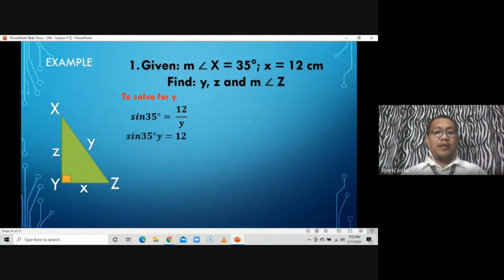Parehas lang yung dalawang yan, you can put y sa unahan or pwede rin sa hulihan. Since y is what we are looking for and it's still accompanied by sine 35 degrees, you divide both sides of the equation by sine 35 degrees. In that way, sine 35 degrees will be cancelled out so that y will be left.